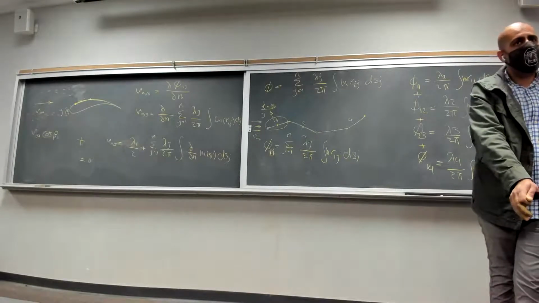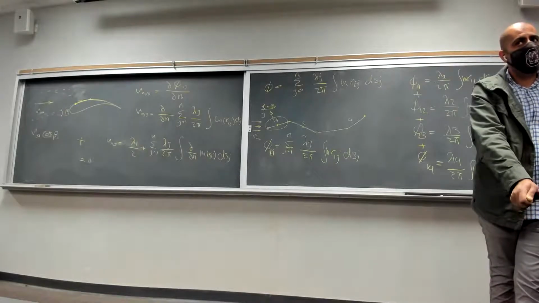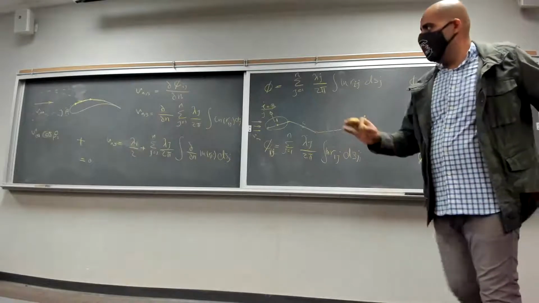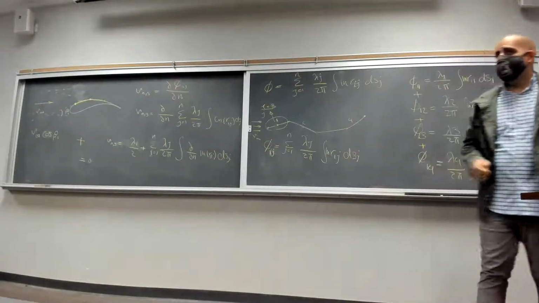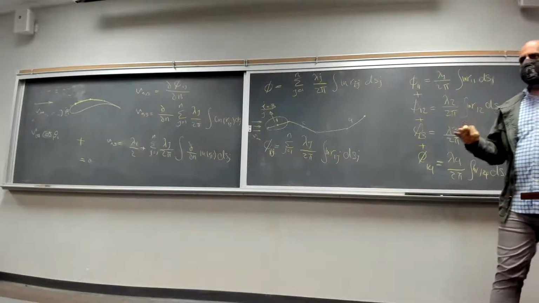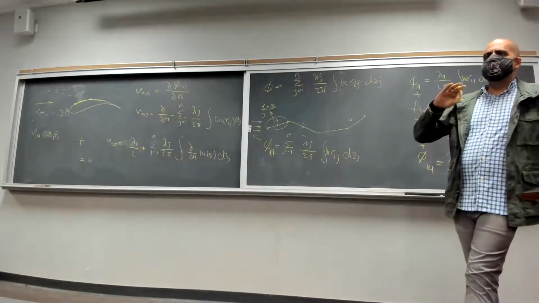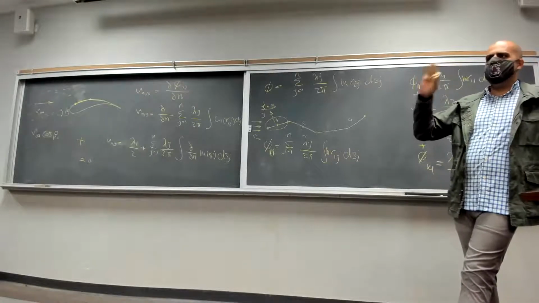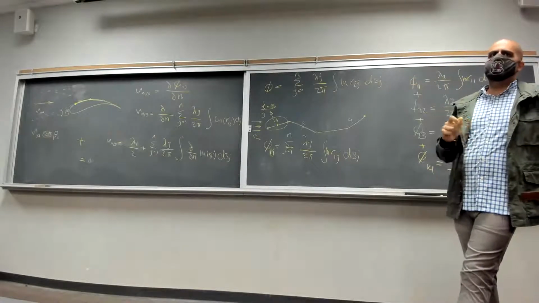This is a linear equation, right? The unknowns here are the sigmas; the r's and everything else are by design. You choose the panels, you choose the number of panels, you choose the directions when you're doing the simulation, when you're doing the programming.